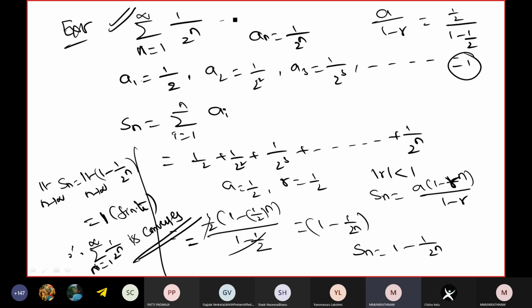The sum is 1. అర్థమవుతుందా? కొన్నిటికి మనం సమ్ కనుక్కోవచ్చు, కొన్నిటికి కనుక్కోలేకపోవచ్చు. Before computers, they were verifying whether we are able to find the sum or not. That is my target.